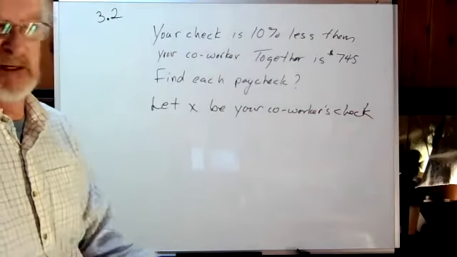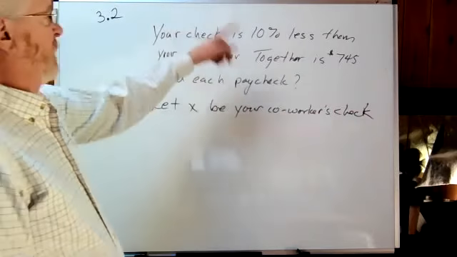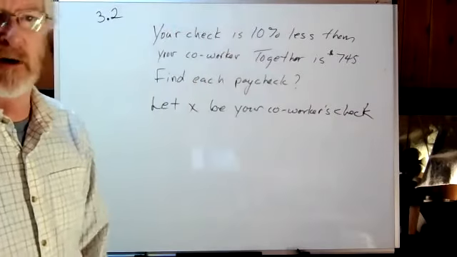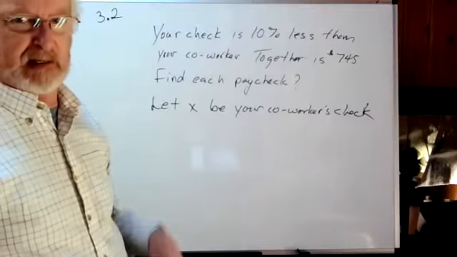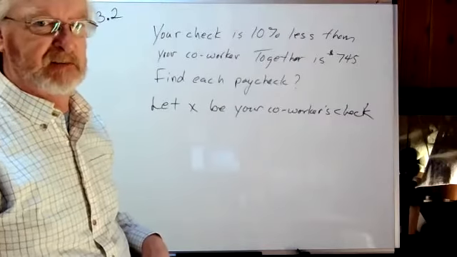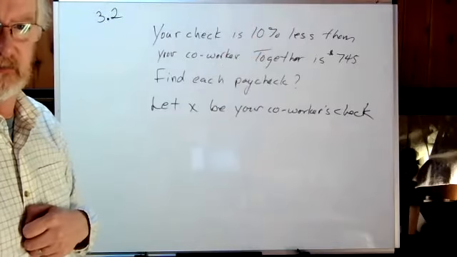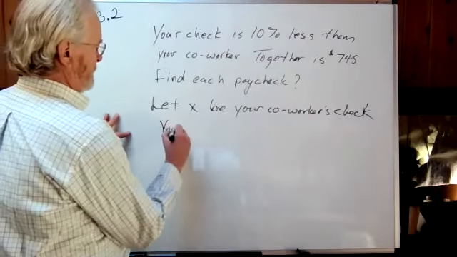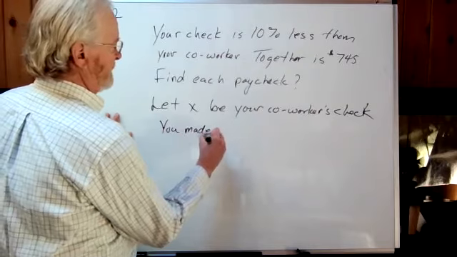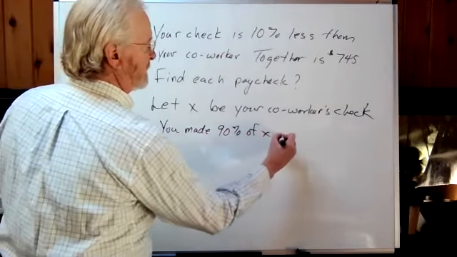If we let X be your coworker's paycheck, what percent of your coworker's paycheck did you earn? This is kind of like this last section, percent decrease. If you made 10% less than your coworker, you made 90% of X.